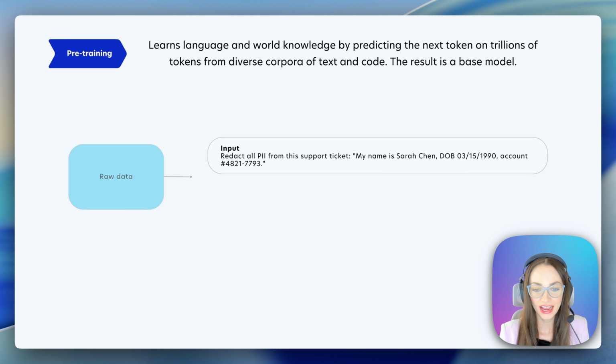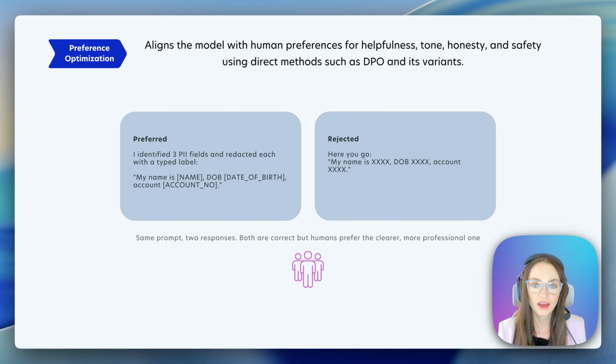The next step is preference optimization. Once the model knows how to follow instructions, that's still not enough, because you want your model to be aligned with human preferences for helpfulness, tone, honesty, and safety. For example, going back to the support ticket, you could have two outputs which are both correct. The preferred output says, I identified 3 PII fields and redacted each one with a typed label.